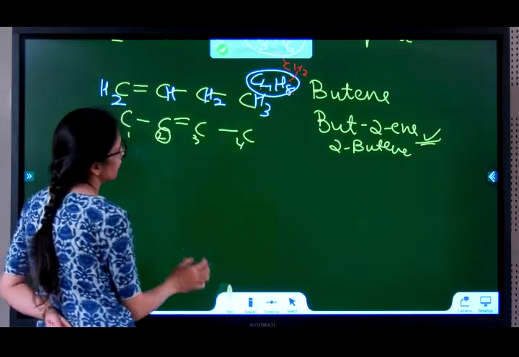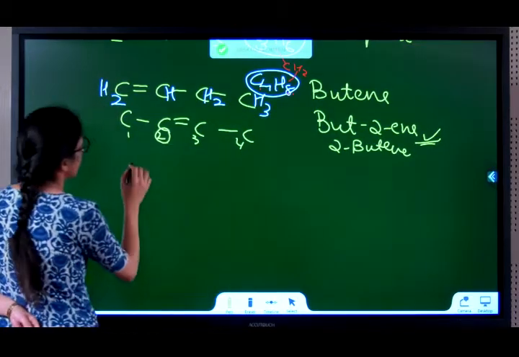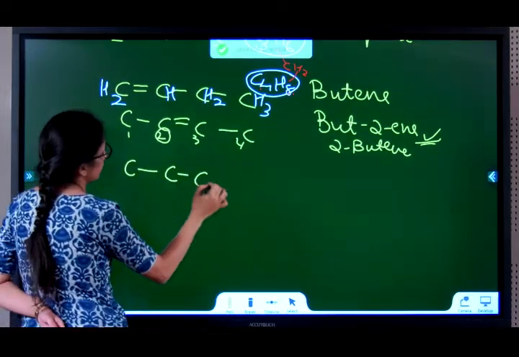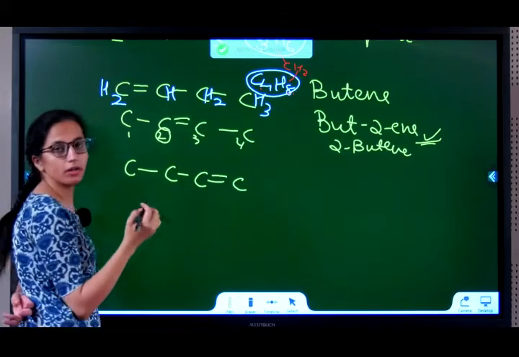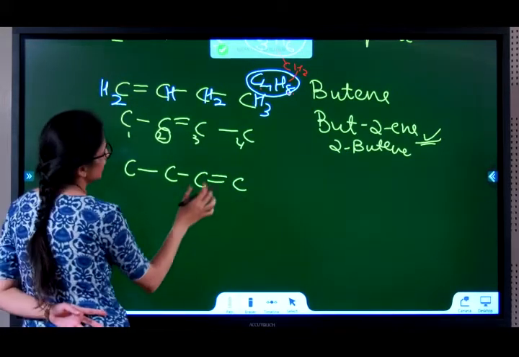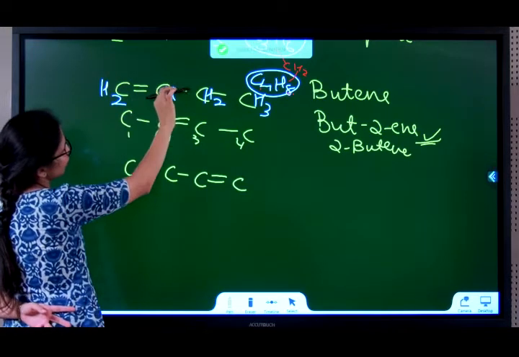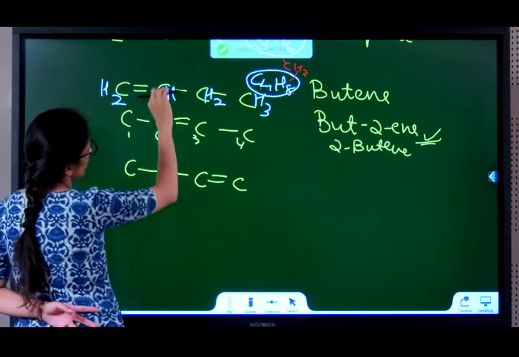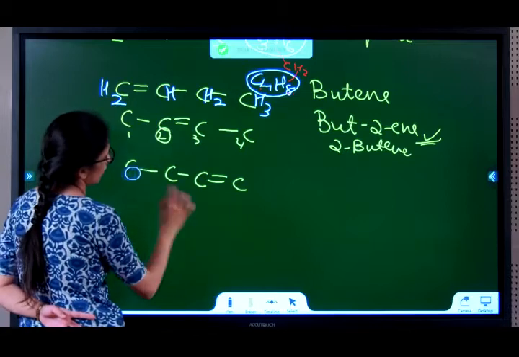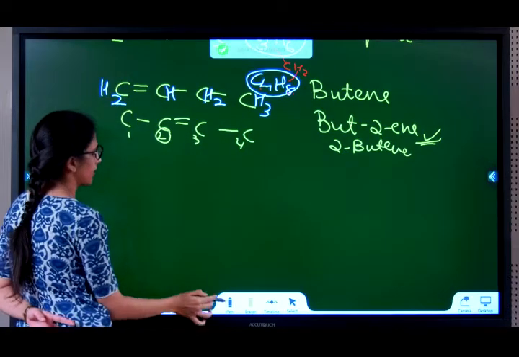Is there one more isomer of butene? Let's check. Now, if I put the double bond here, is it any different? No, it is going to be the same as first one, just turned. So, I hope you are able to recognize that now.